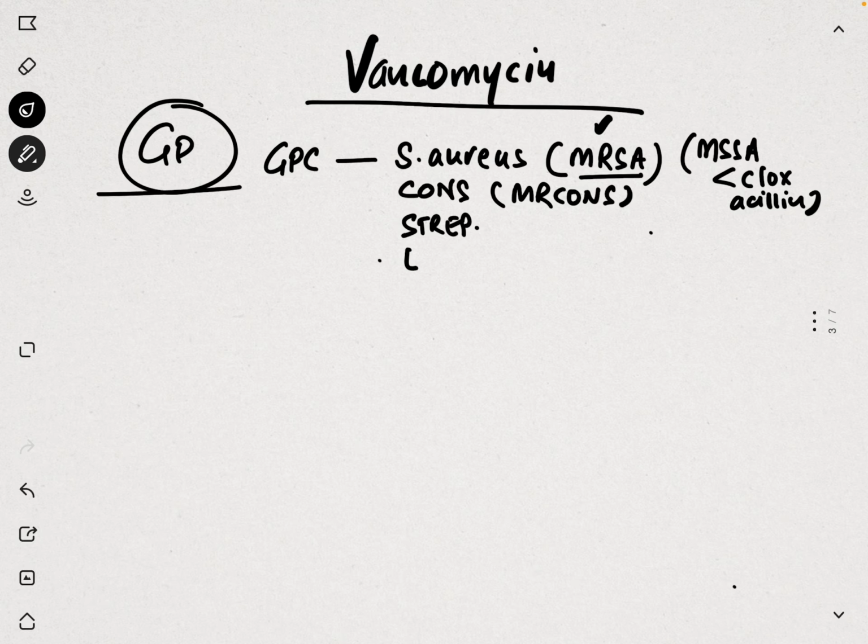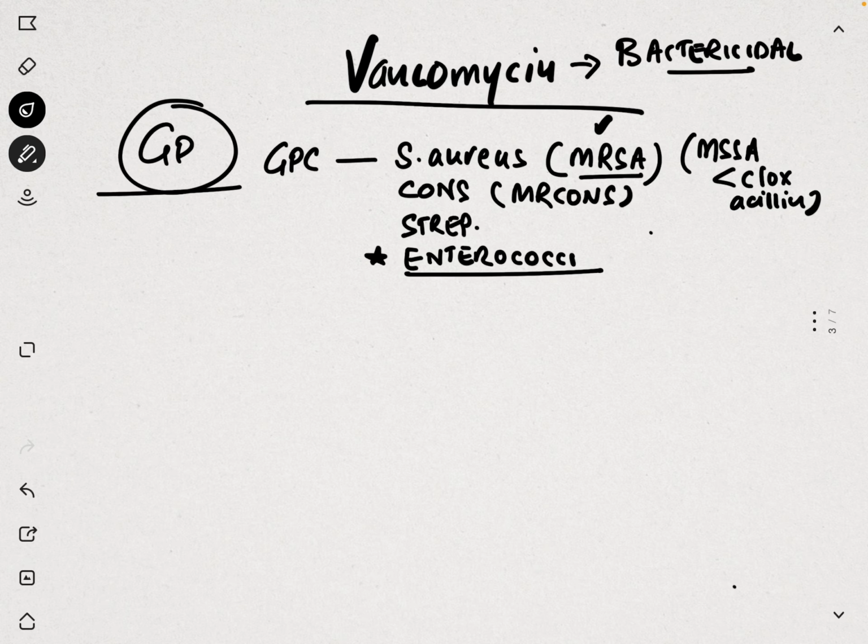All CoNS, including MR-CoNS, that is coagulase negative staphylococci, all streptococci and all enterococci. Now one thing I would like to mention, vancomycin is bactericidal because it kills bacteria by inhibiting cell wall synthesis. But for enterococci, it is not. It is an exception. So it is not bactericidal.